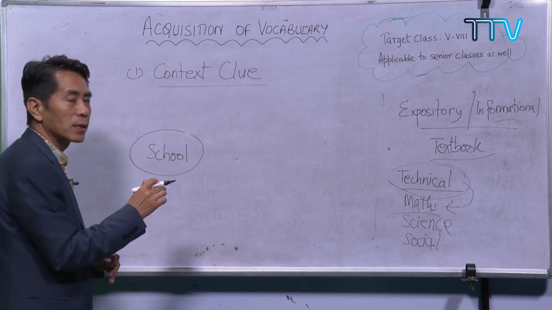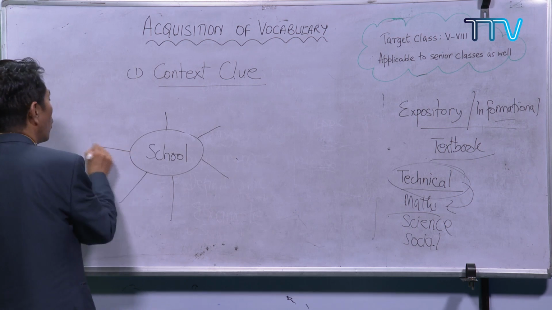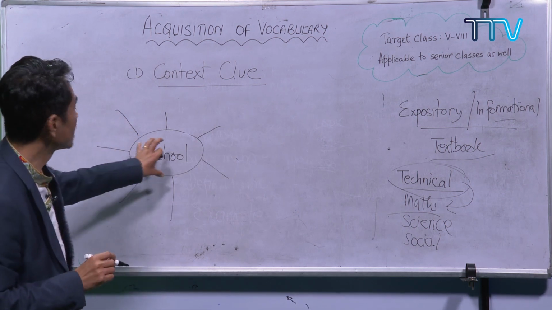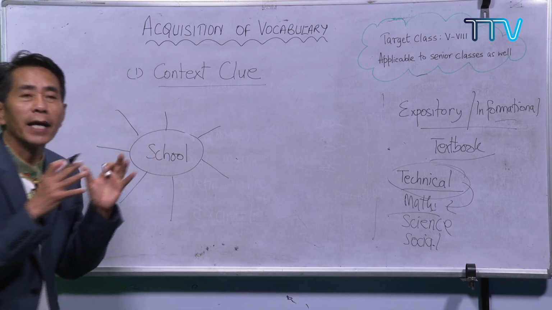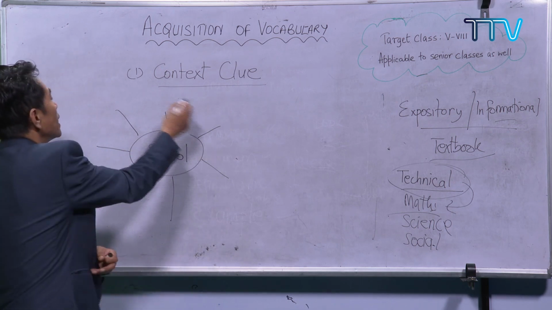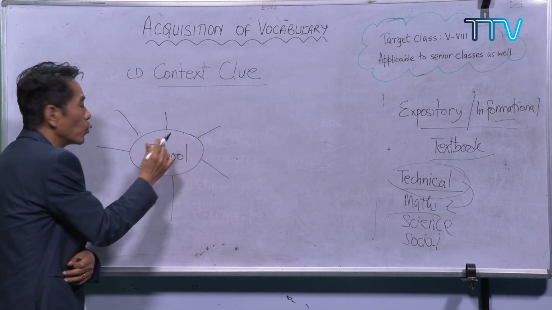Now, there are two ways. Either you just look for all the words that are related to school. In this way, it will be easy for you to learn these words. Why? Because you got some idea, because the main word is school.